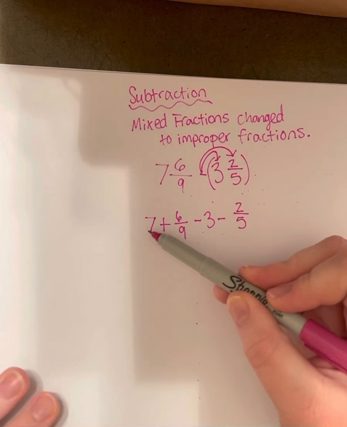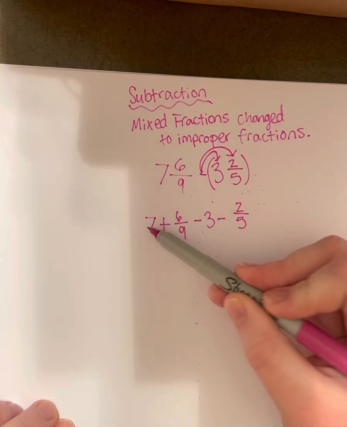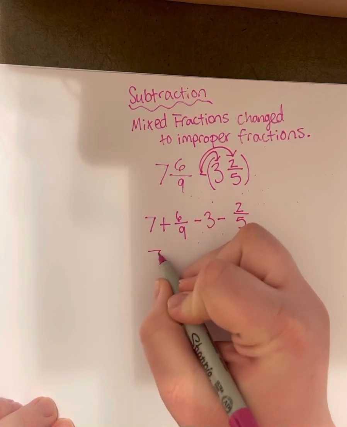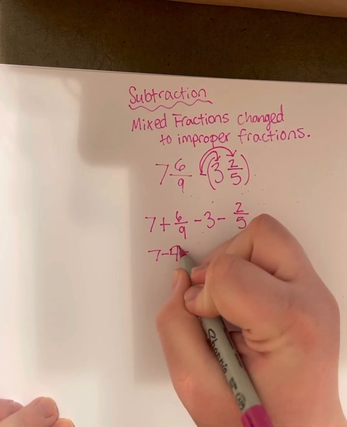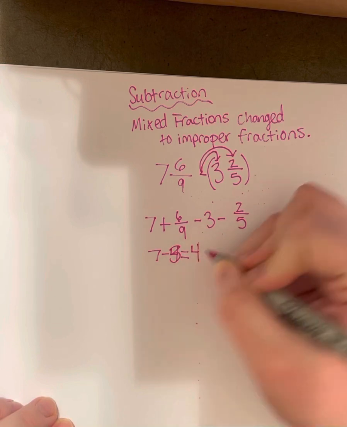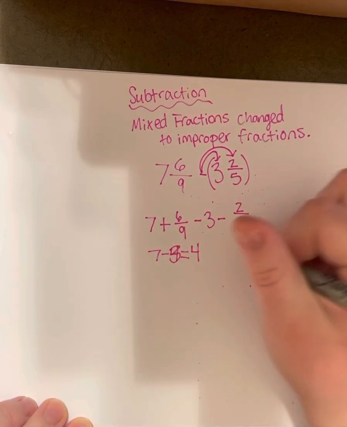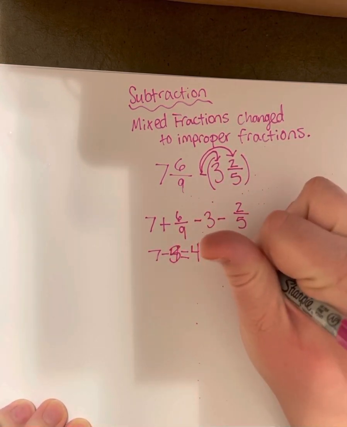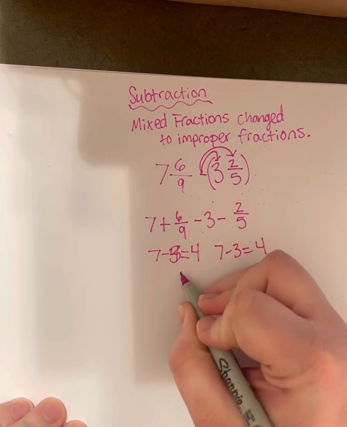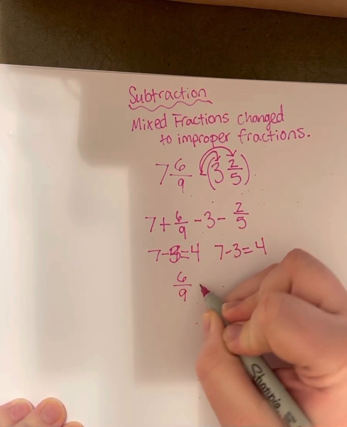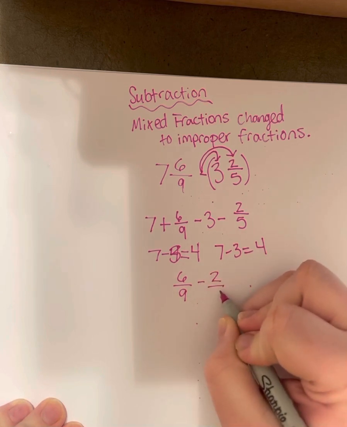So then what I would do is calculate the whole numbers first. Let me write that again. 7 minus 3 equals 4. And then we would have 6 over 9 minus 2/5.